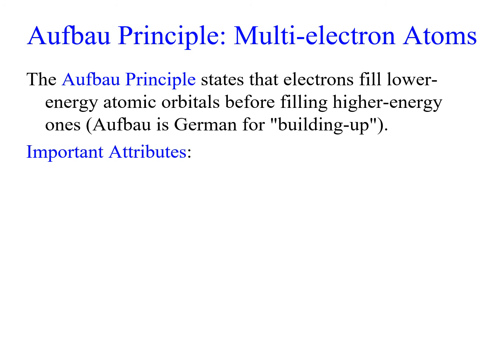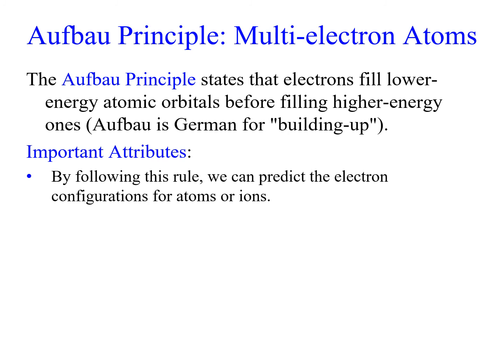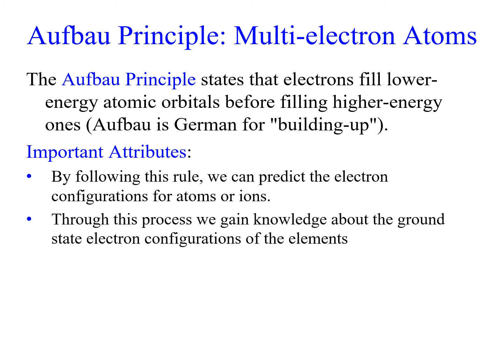So some important attributes of the Aufbau principle are that by following this rule, going from bottom to top, energy-wise, we can predict the electron configurations for atoms or ions. That's very important. Secondly, we can, through this process, gain knowledge about the ground state electron configuration of elements in their ground state.